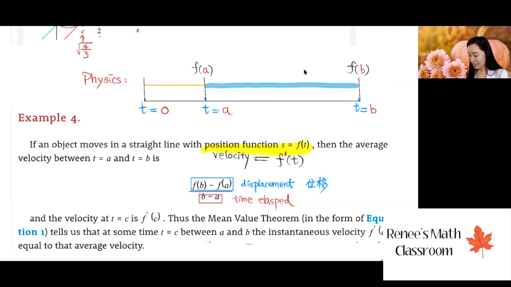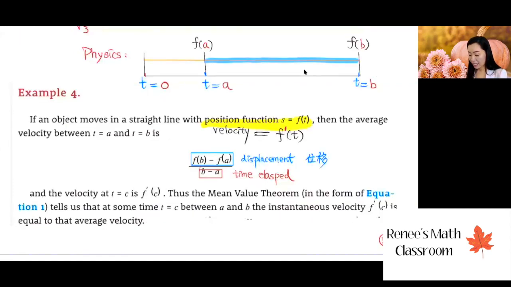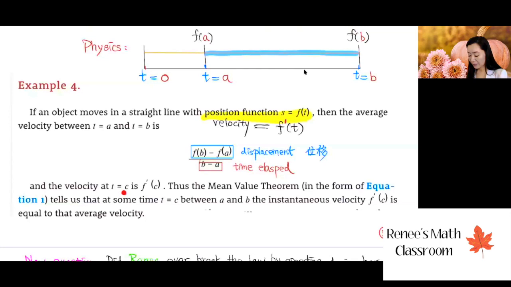So you get this average velocity. And the velocity at the moment c is f prime of c. Remember, the first derivative of a position function is the velocity. So the velocity at the moment t equals c is f prime of c.